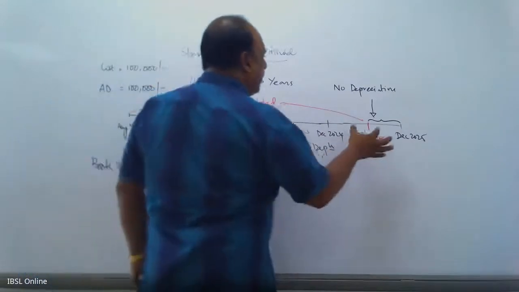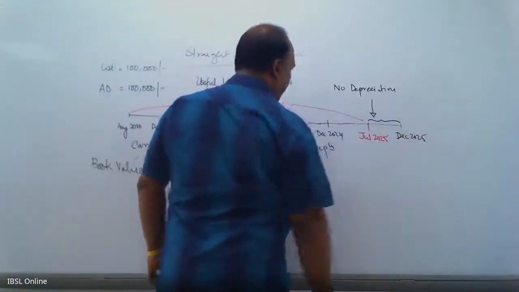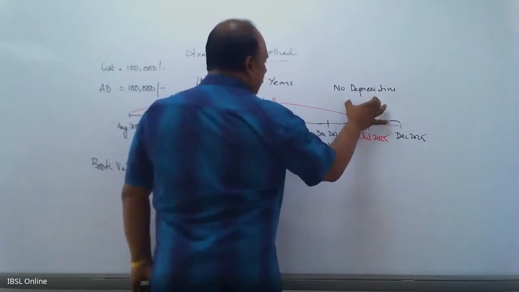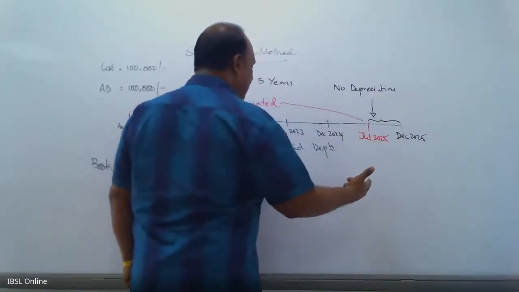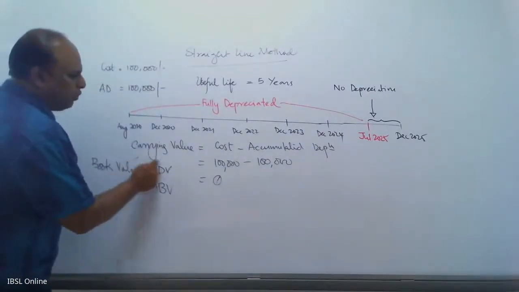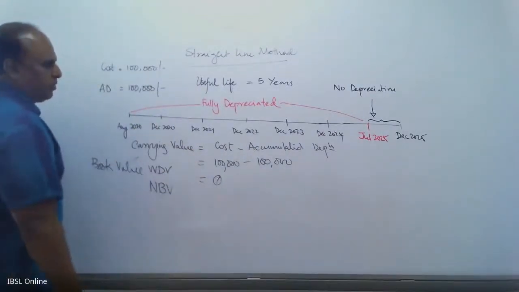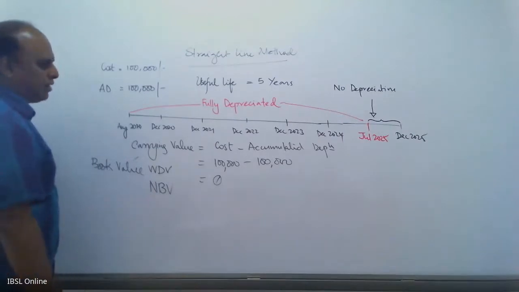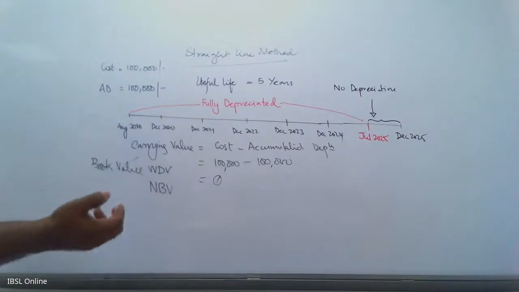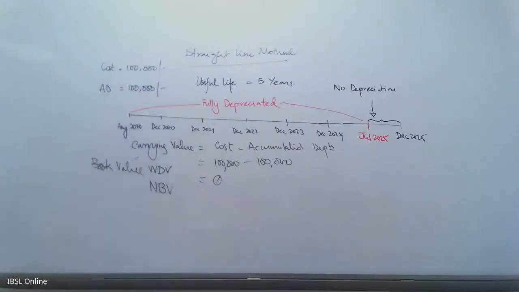So during this period or maybe beyond that, what will happen? There won't be any depreciation. But the problem here is, in the financial statements, your carrying value will be 0. That is where they say it's a disadvantage, because I am not reflecting the fair value. I am bringing in the concept of fair value.